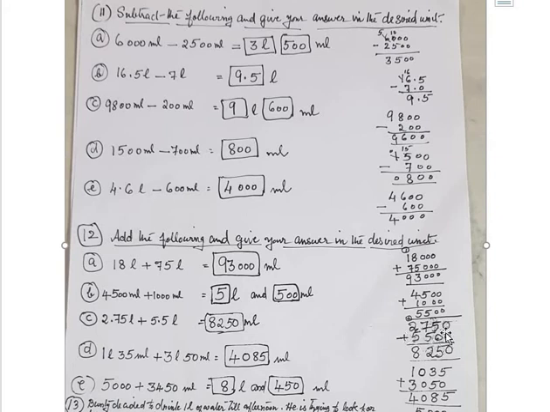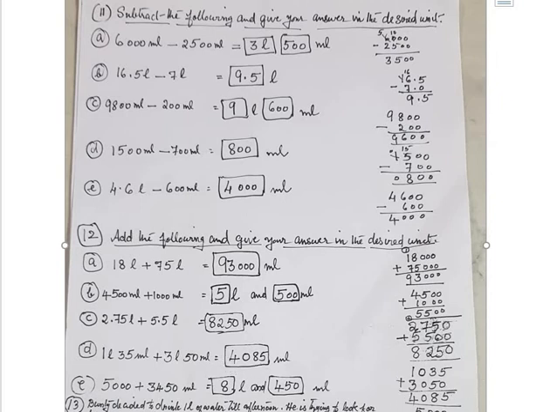So when we add both the milliliters, 0, 5 plus 0 equal to 5, 7 plus 5 12, carry over 1, 1 plus 2 3, 3 plus 5 equal to 8. So the answer is getting in milliliter. So question is in milliliter, 8250 milliliter.